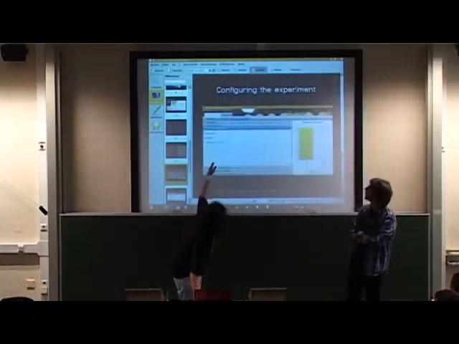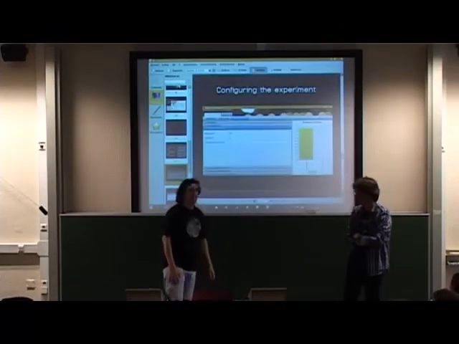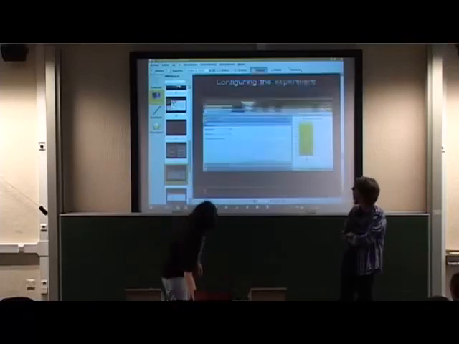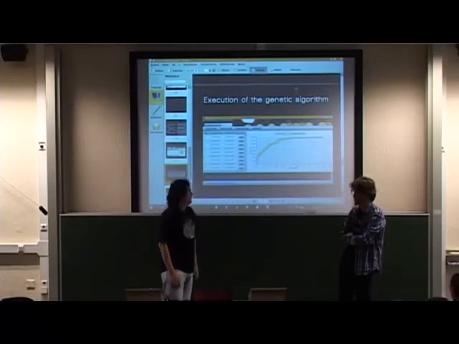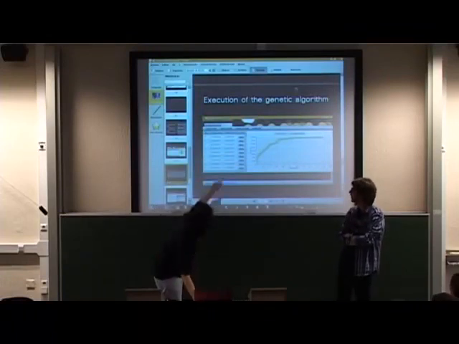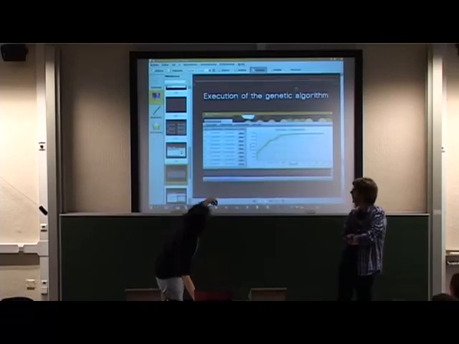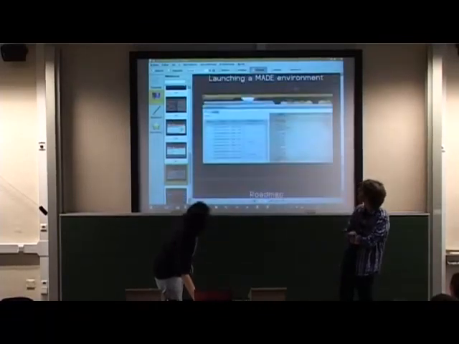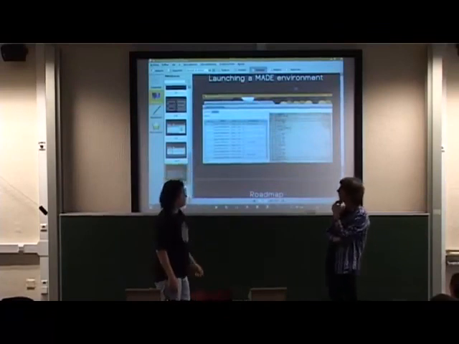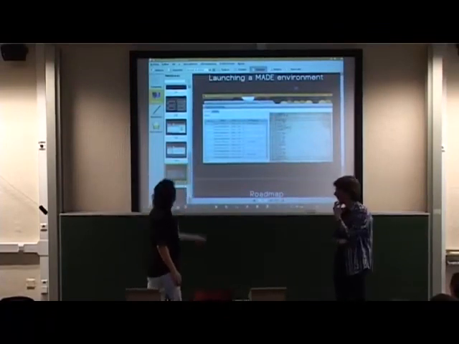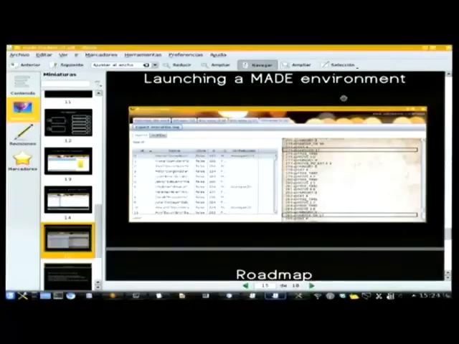When we execute it, we select the configurations. We run the genetic algorithm, which behaves as normal, and with the best configuration, we launch an environment. We have probably 400 rats here, and we find that one rat is an Avenger.